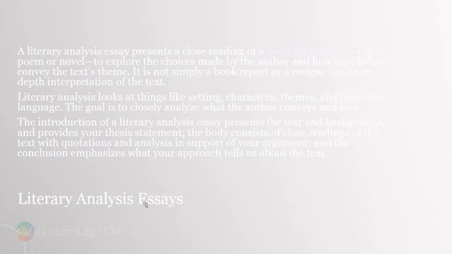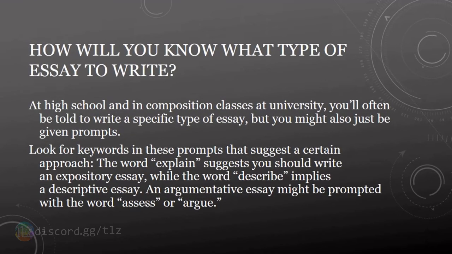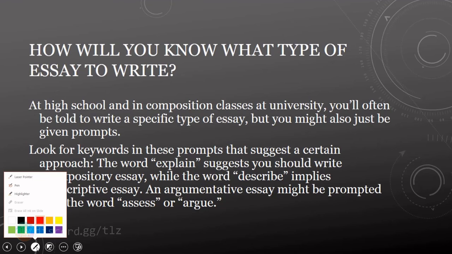Now, how will I know what type of essay I'm going to write? I have been asked this by people. At high school and in composition classes, you'll usually be told what type of essay you're going to write. But sometimes you'll be given prompts, and when you're given prompts, you have to look out for keywords that suggest the kind of essay you're going to write.